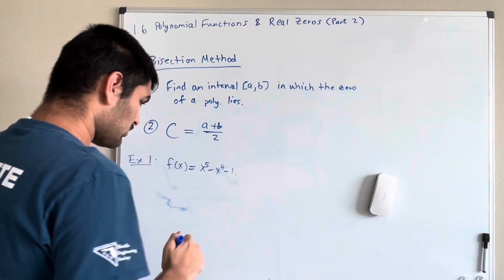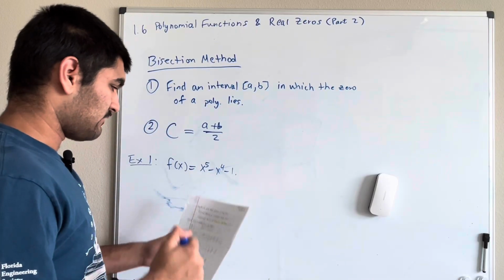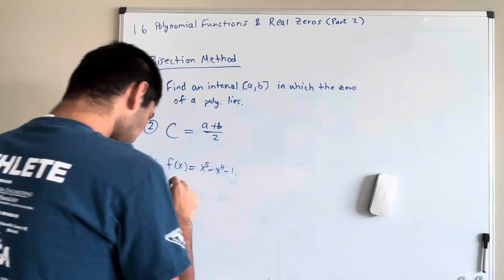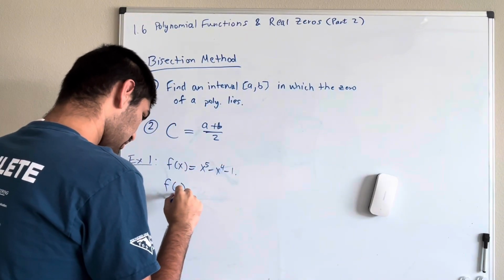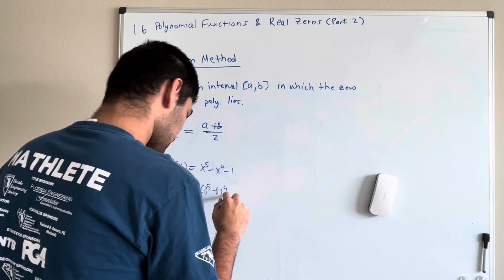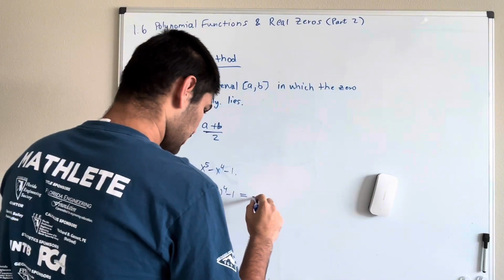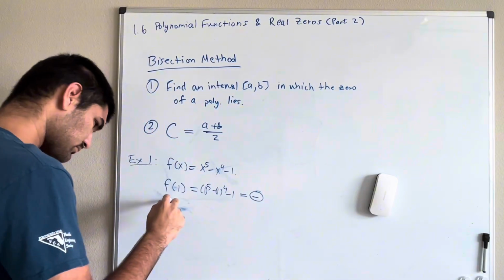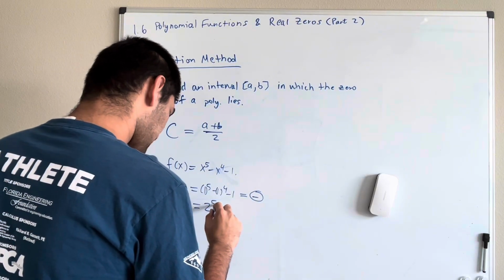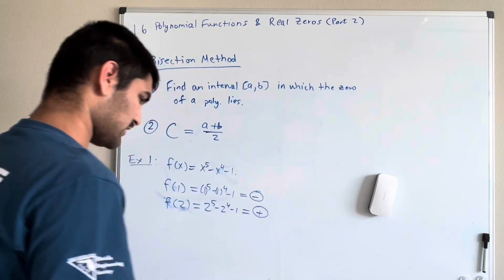The first thing we can do is test points to form our interval. If we test 1, we get 1 to the 5th minus 1 to the 4th minus 1, which gives us 1 minus 1 minus 1, a negative number. If we did f of 2, we'd get 2 to the 5th minus 2 to the 4th minus 1, which gives overall a positive number.